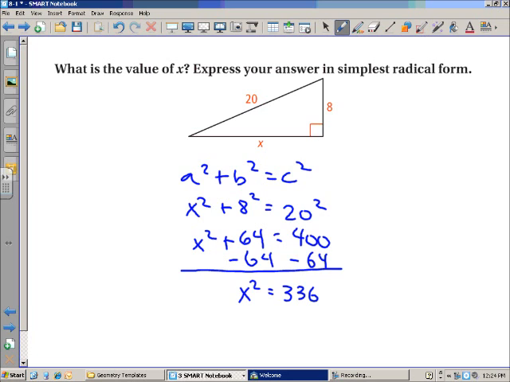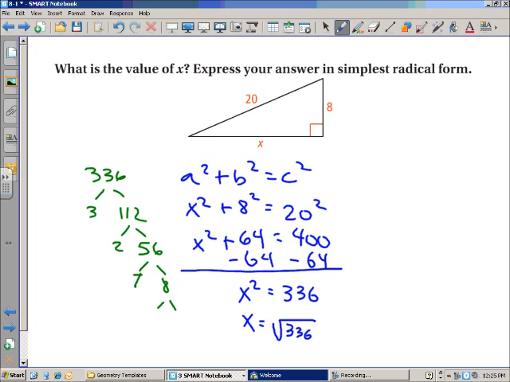To solve for x, I get x is equal to the square root of 336. Now to simplify 336, I'll need to draw a factor tree. 336 is 3 times 112. 112 is 2 times 56. 56 is 7 times 8. 8 is 4 and 2, and 4 is 2 and 2.